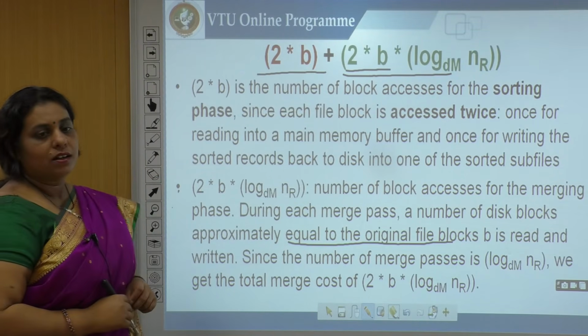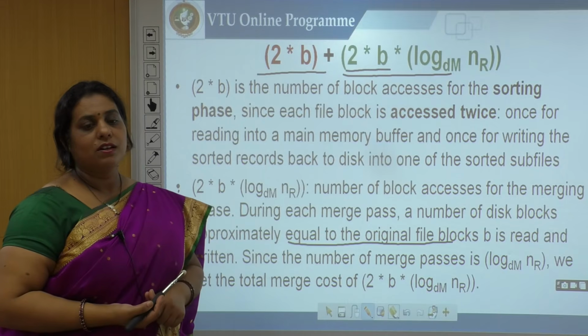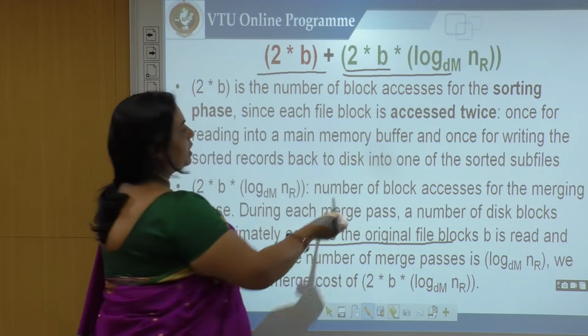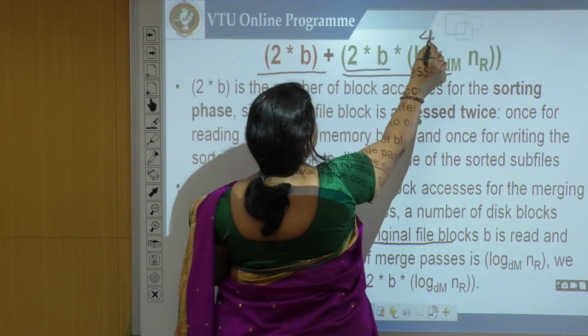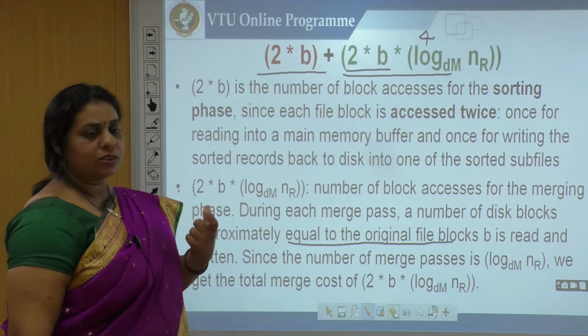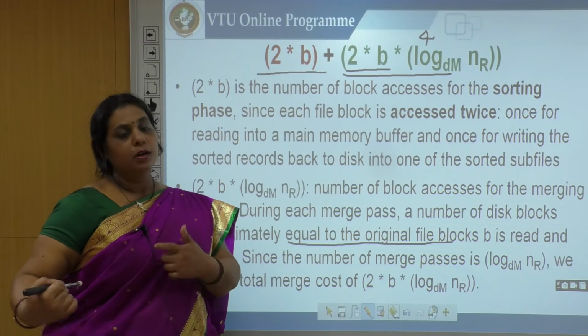But how many phases were there in the merge? How many times did I merge it? Right? That has to be again multiplied. So here I have merged it 3 times. 205 files were merged to generate 52. 52 were merged to get 13. 13 were merged to get me 1.